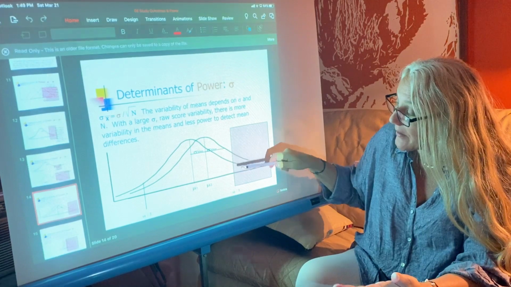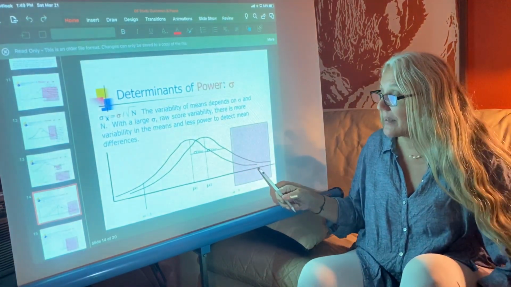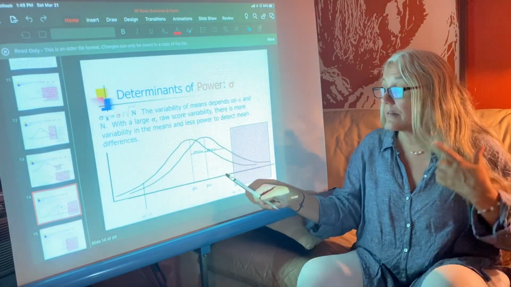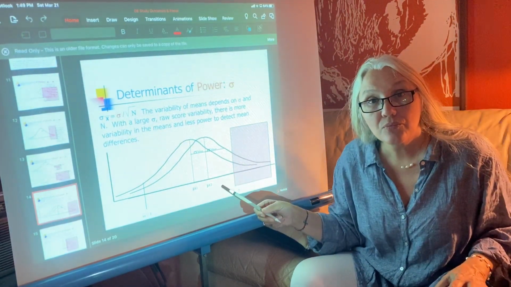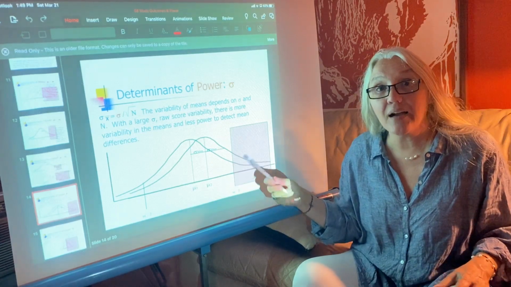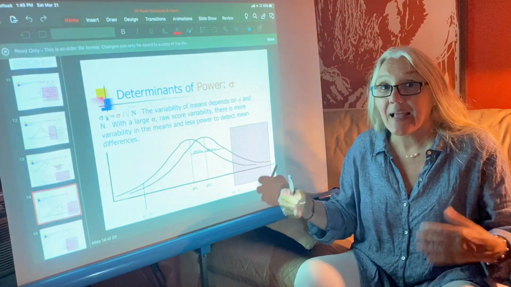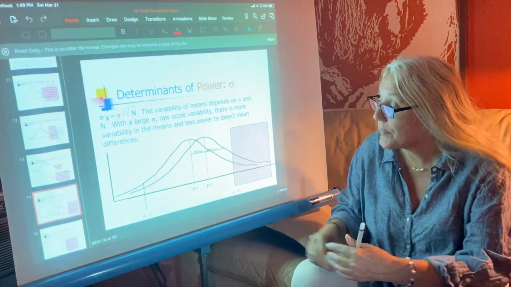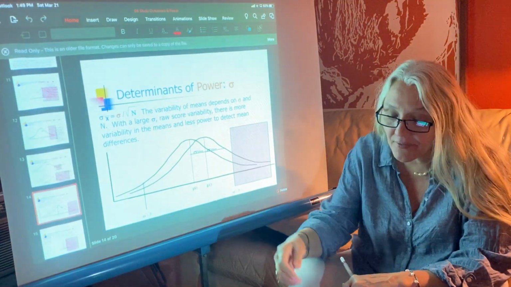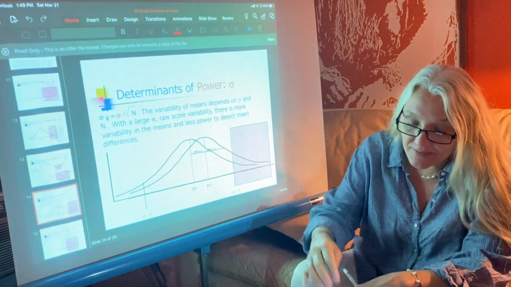Only after this critical value will I pick something and call it mu2 and get a significant difference. I make the correct decision, because these mu's are different from one another. But I'm only ever going to do it if my sample mean comes from beyond this critical value.